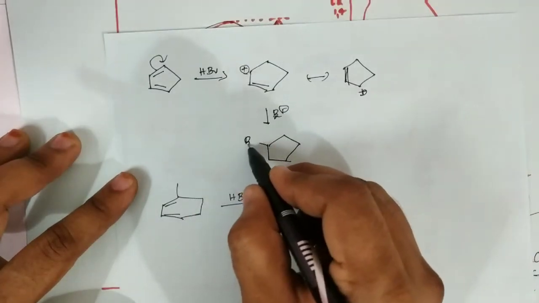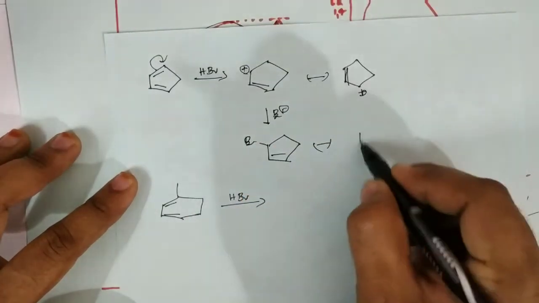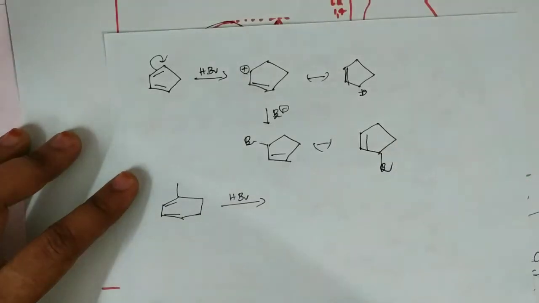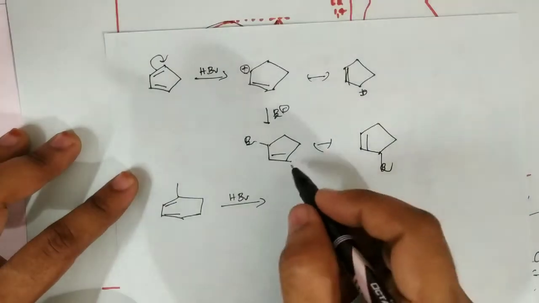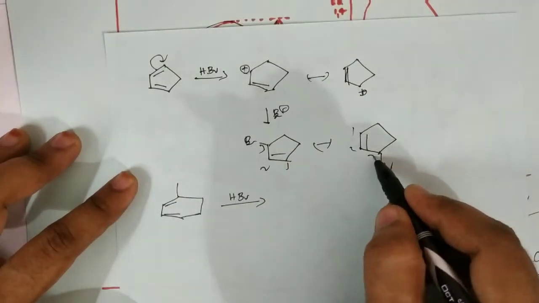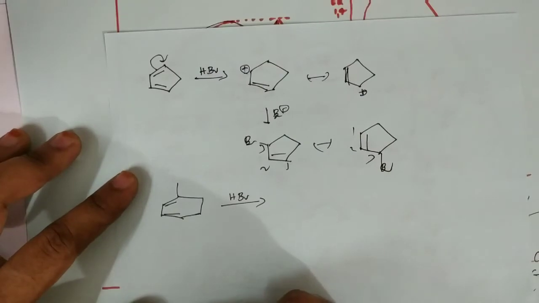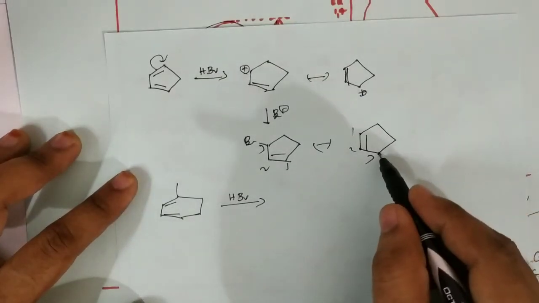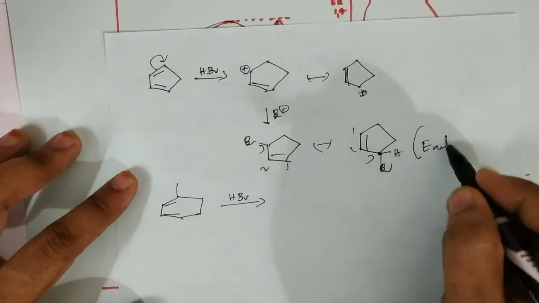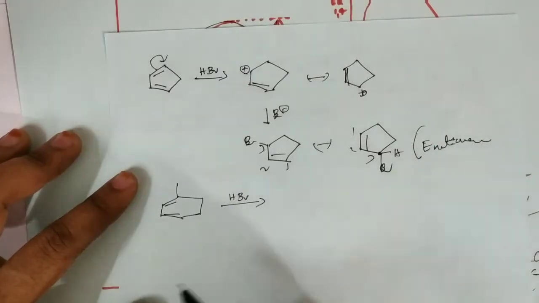Okay, suppose here Br, the double bond, here the pi bond, here Br. Of course both are the same. That means 1, 2, 3, 3-bromocyclopentene. Moreover, in this case this is the chiral carbon, so we can get two products. That means we will get an enantiomeric mixture. Why?